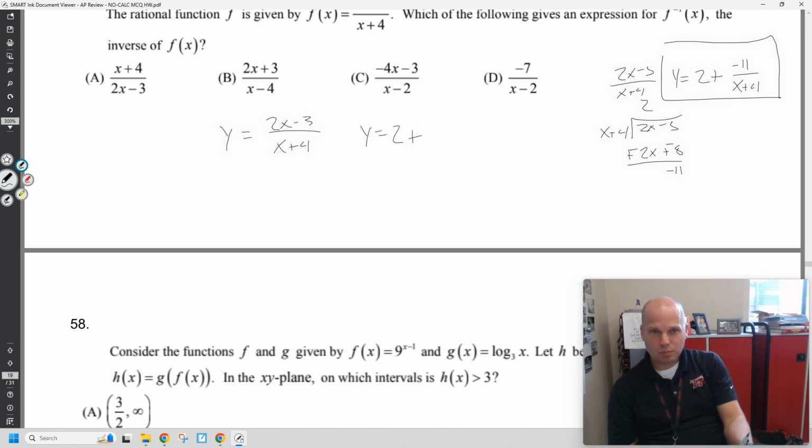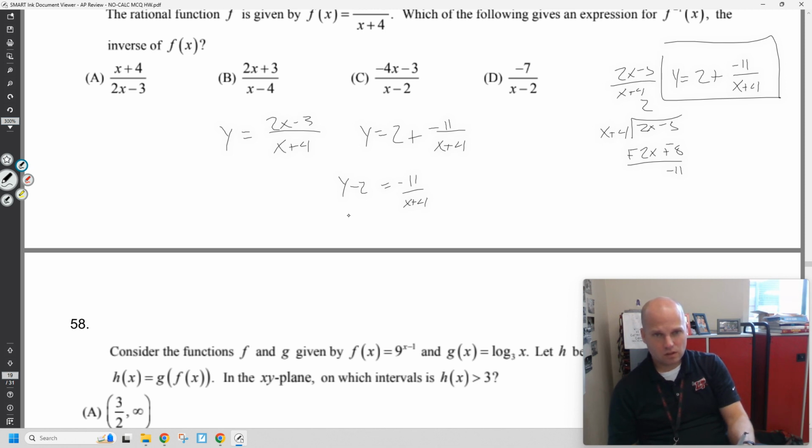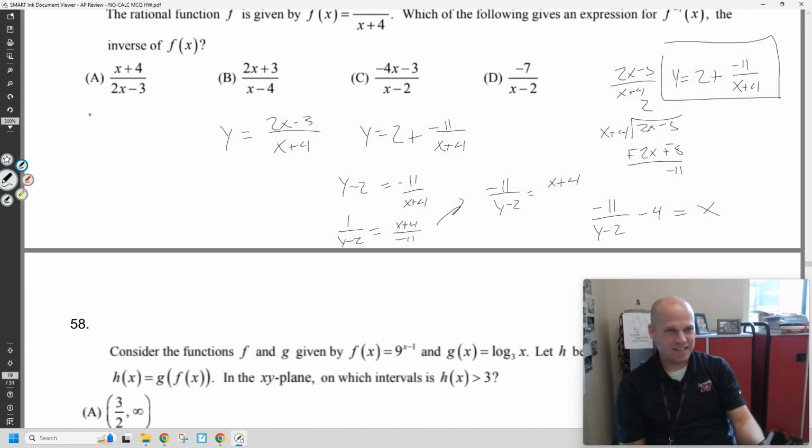If y equals 2 plus negative 11 over x plus 4, I can subtract 2, flip both sides, multiply by negative 11, subtract 4, use a common denominator. Yo, too complicated. No way is this.